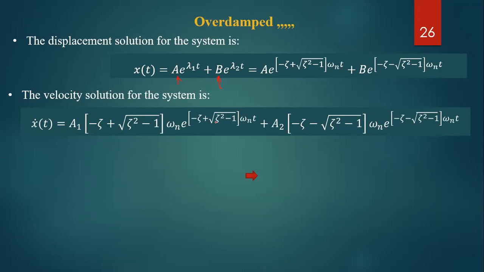When we differentiate this first time, this whole term comes in front: minus zeta plus radical of zeta square minus 1 omega n, with e to the power of minus zeta plus radical zeta square minus 1 omega n t, plus A2 times minus zeta minus radical zeta square minus 1 omega n, with e to the power of minus zeta minus radical zeta square minus 1, the whole times omega n t.